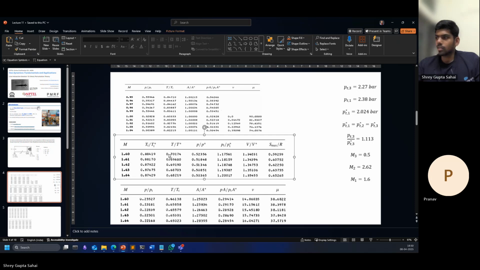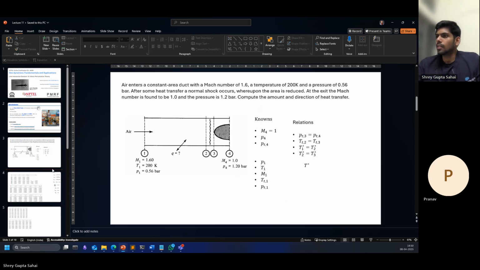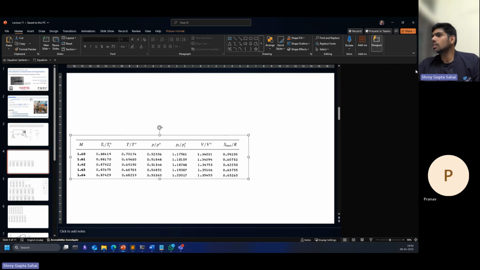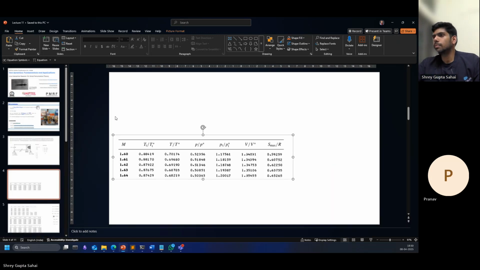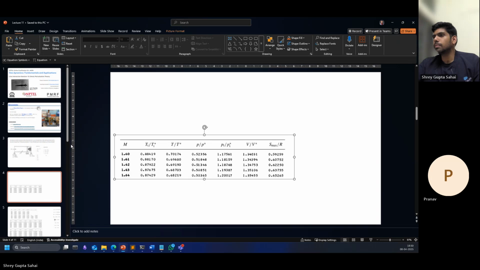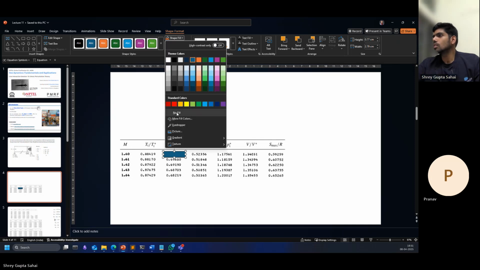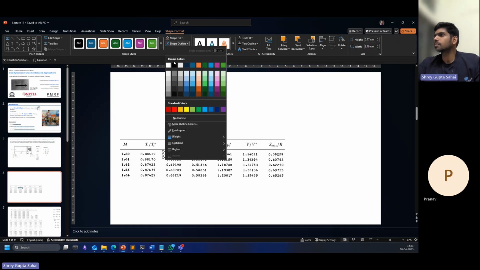See, 1.6 corresponds to a temperature ratio of 0.7014.